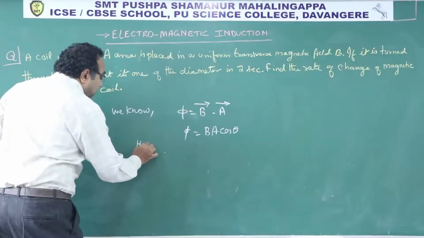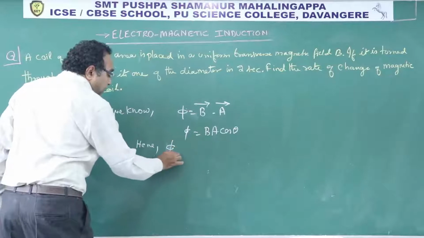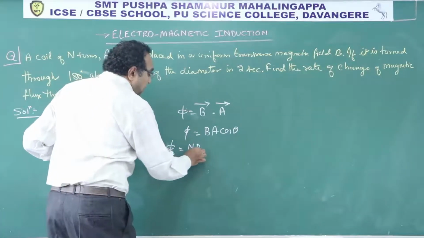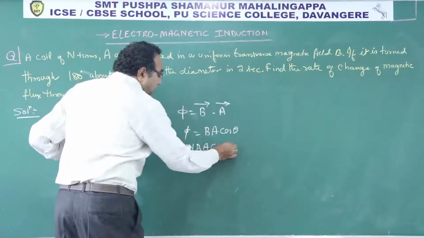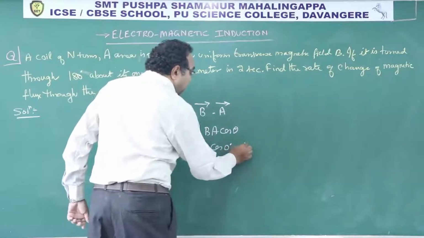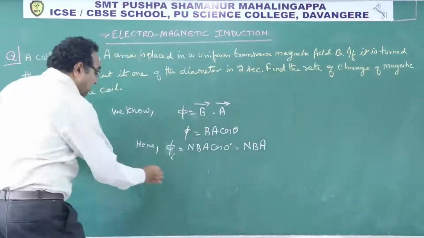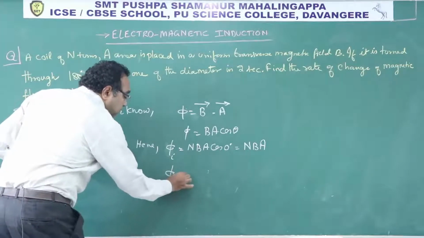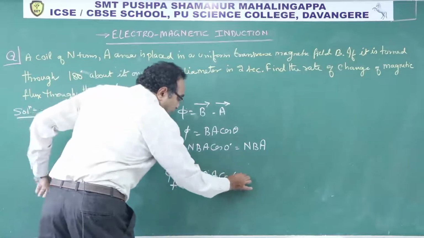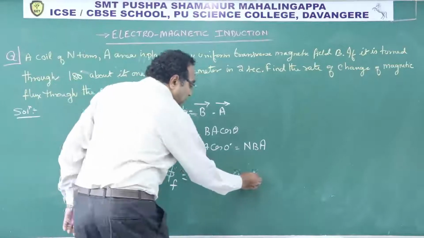Here, initial flux phi is, there are n turns, NBA cos 0 degrees. This is initial flux. So this is NBA. Final flux is NBA cos 180 degrees. This is what we have. So this is how much?